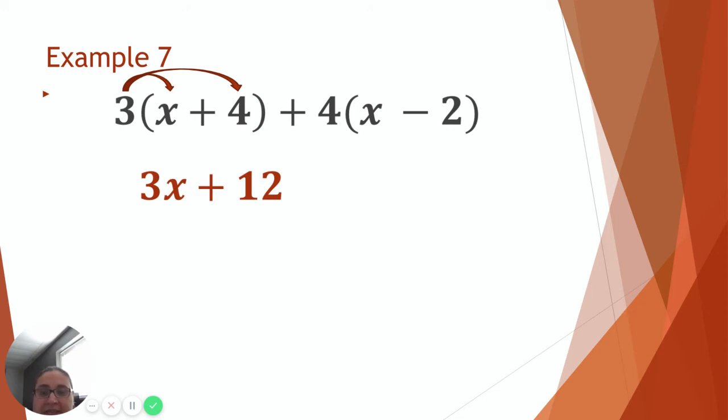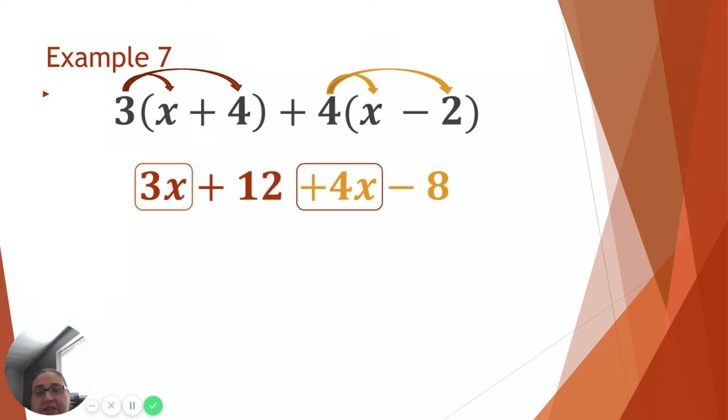Now I'm going to work on the second set of parentheses, and I use the number that's directly outside of those parentheses. So I have 4 times x, which is 4x, and 4 times negative 2, which is negative 8. Now if you notice, I have 2 sets of x's and 2 sets of constants. So the next step would be to combine like terms.